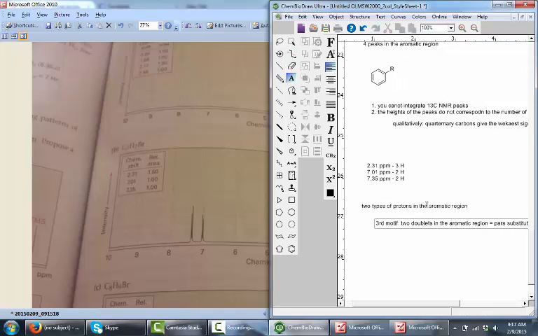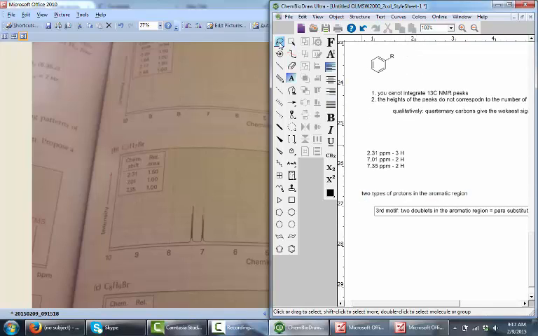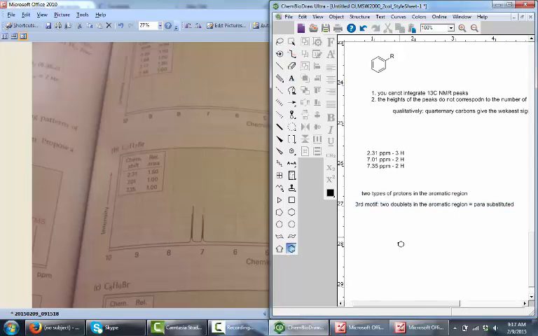We talked about ortho, meta, and para in the previous problem. These 2 doublets indicate a para-substituted aromatic ring. That means I have a benzene ring with 2 things attached to it, one on this side, one opposite, that's the para. And the reason that translates into 2 doublets in the aromatic region is here.